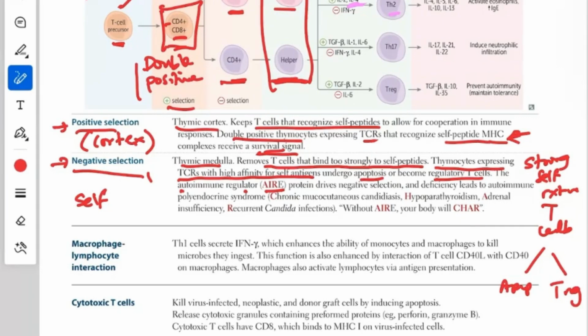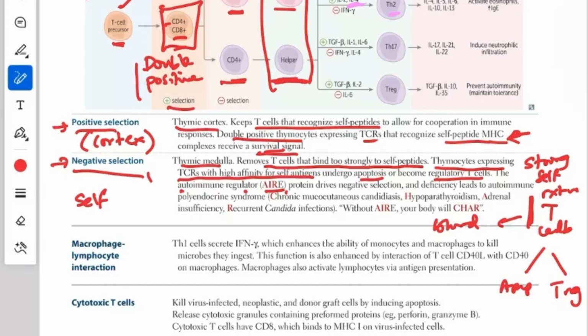So if there's any problem with this gene, that means these T cells that react too strongly to self antigens will be allowed to escape from the thymus. These cells can escape from the thymus and go into the blood and travel to different organs, and then they can lead to autoimmune conditions.